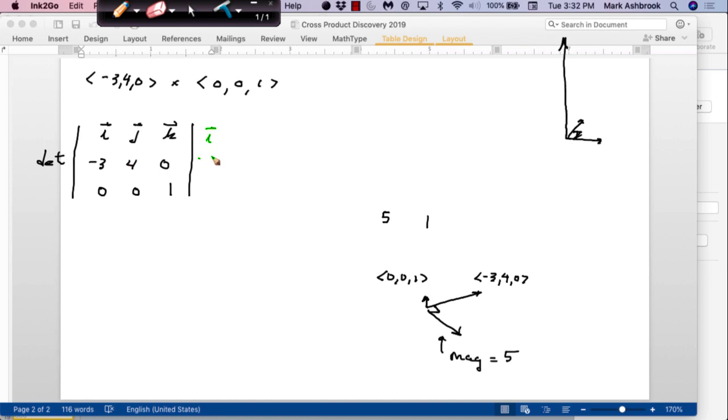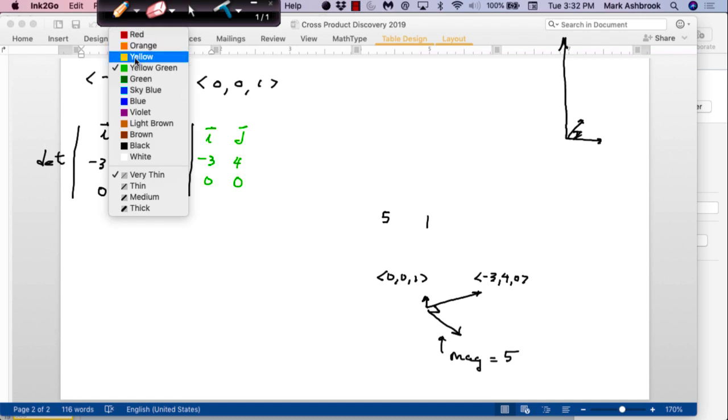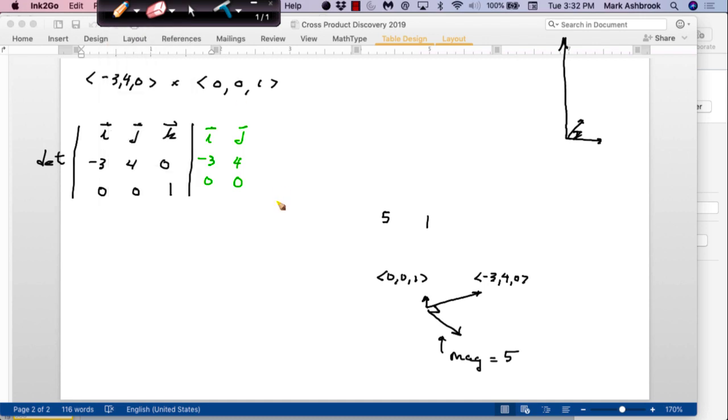So i, -3, 0. And j, 4, 0. All right, and then what you do to find the determinant is you're going to multiply down to the right. There are 3 diagonals.